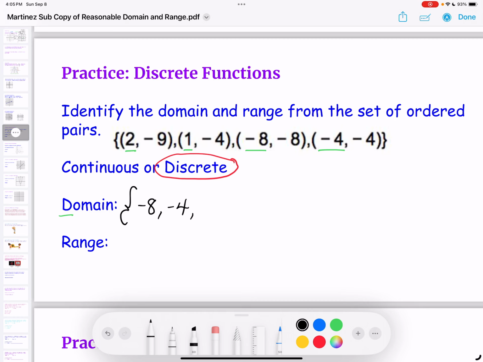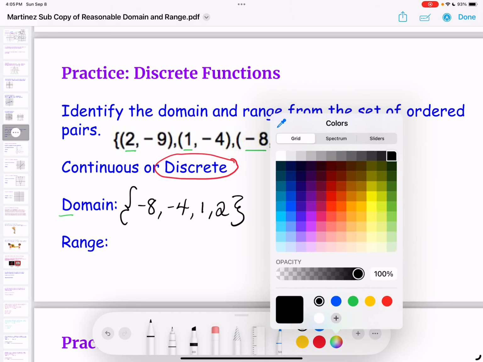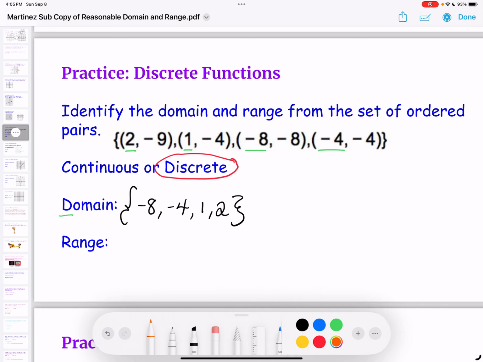And then for the range, we have -9, -4, -8, and -4. So the smallest number is -9, and then -8, and then -4. Remember, we have duplicating -4s. Do not repeat.